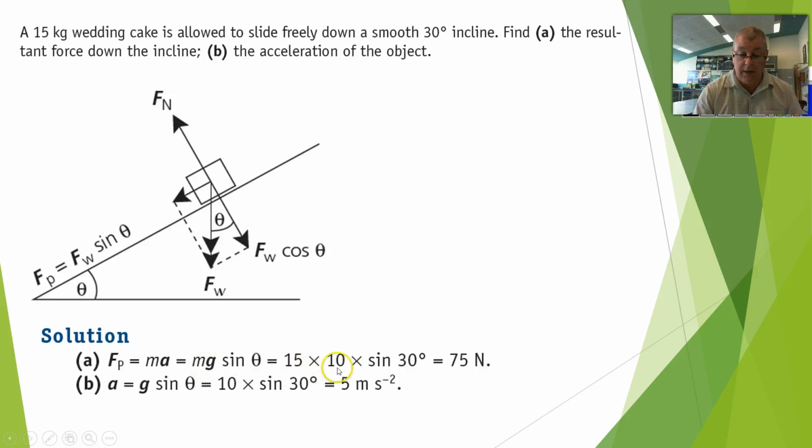They used 10, we would use 9.8. And so they worked it out, and basically they were working out this component here, which corresponds to this arrow here, and they got the force as 75 newtons.